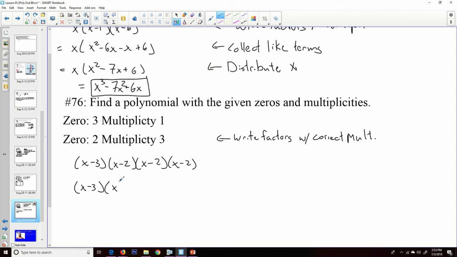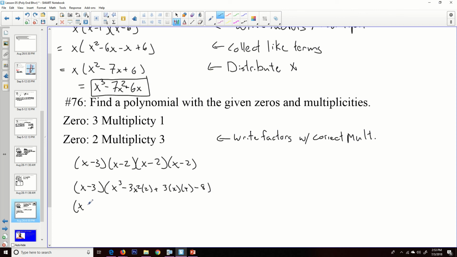Let's see here, I'm going to get x to the third, and then it will be minus 6x squared plus 12x minus 8.